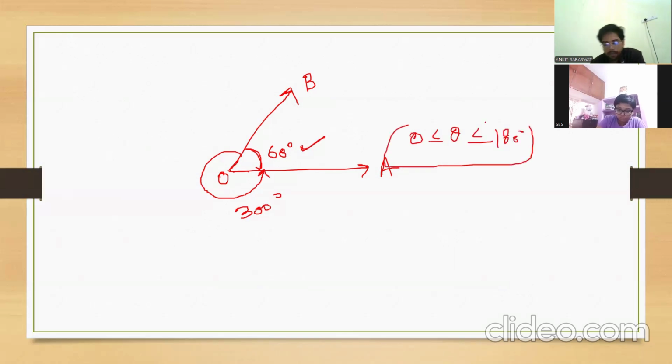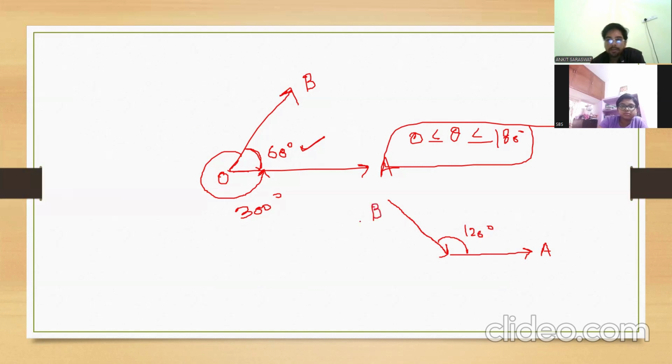Meaning is that. Tell me in this case, what is the angle? This A vector, B vector.